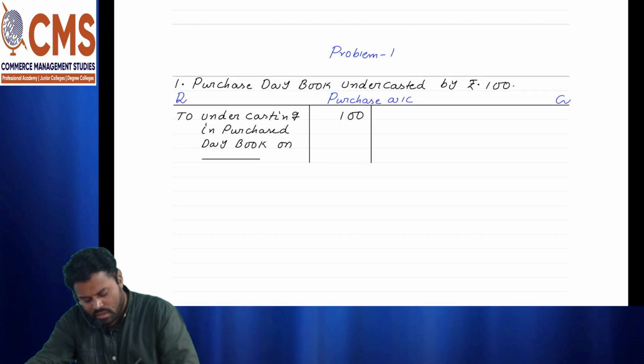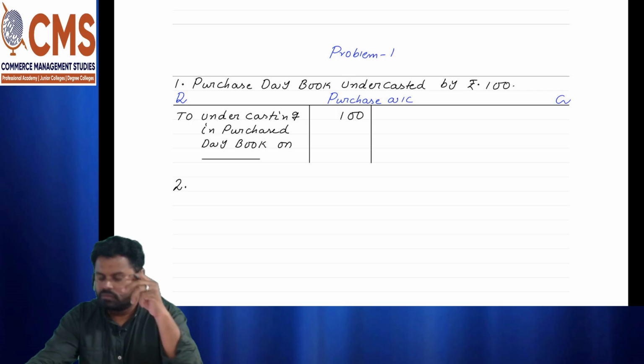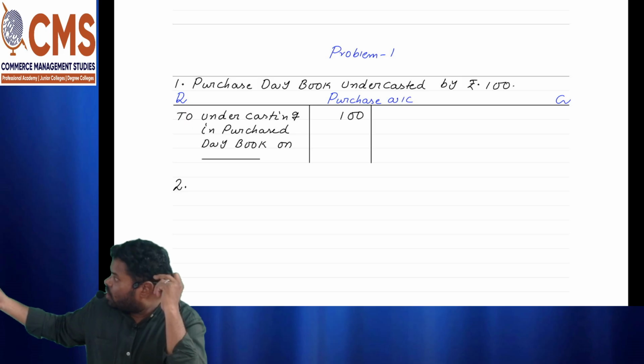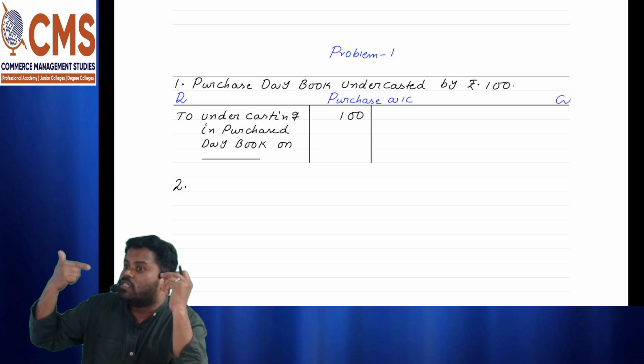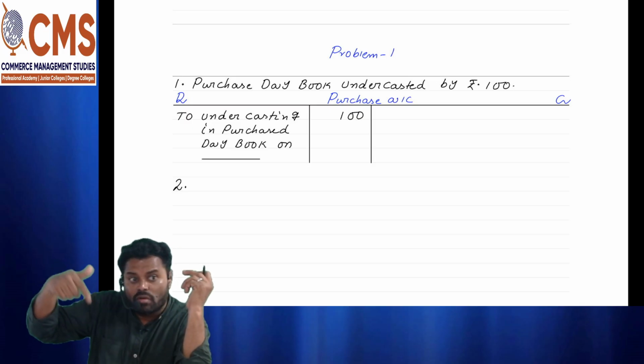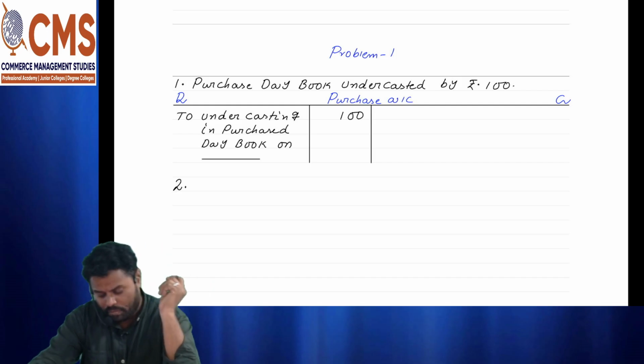Done. First one's rectification is over. And what is it that we are writing? To undercasting in purchase daybook on. We'll write the date on which this particular amount was not included in the total there. Okay.